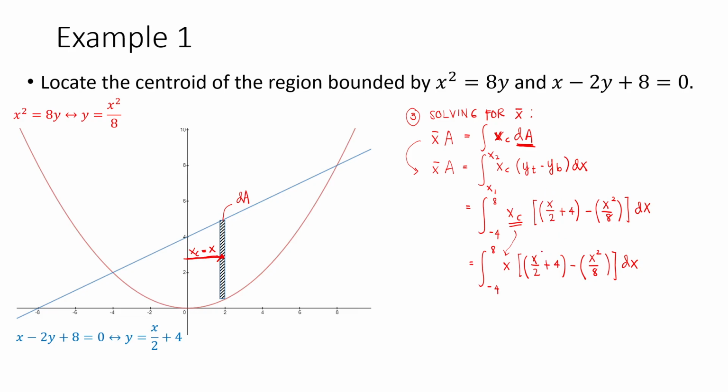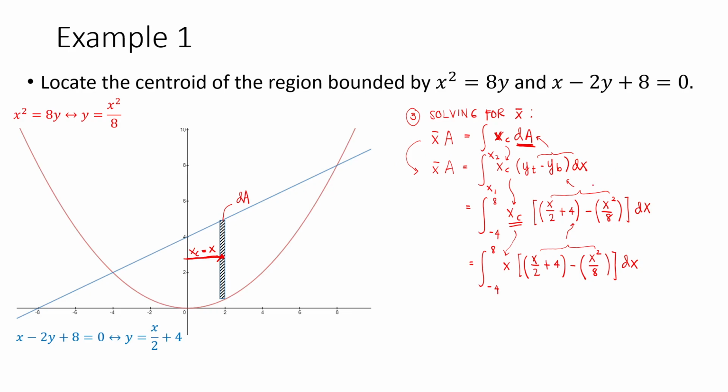And these terms here are your differential area. So x sub c. It's more likely that you're going to solve for the area twice, but on solving for bar x, your area is just multiplied by x sub c.